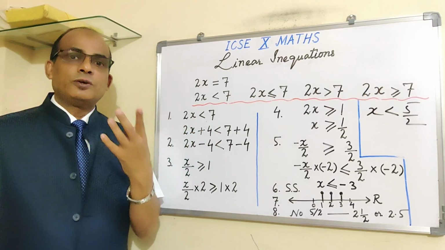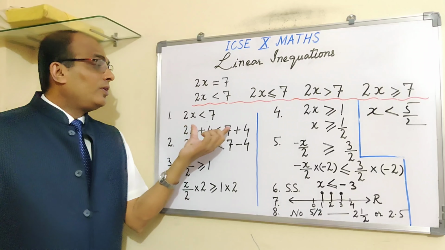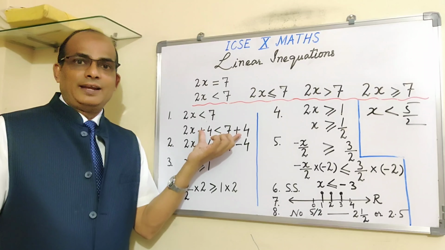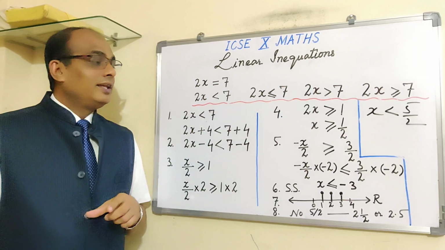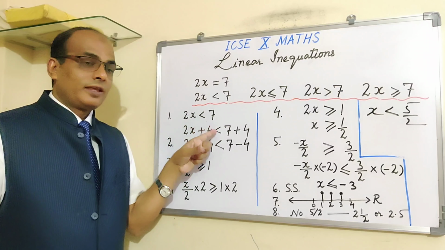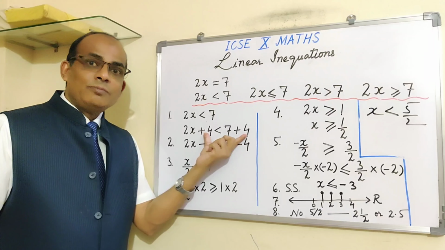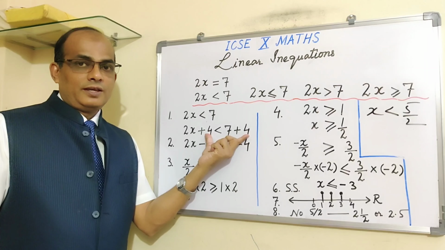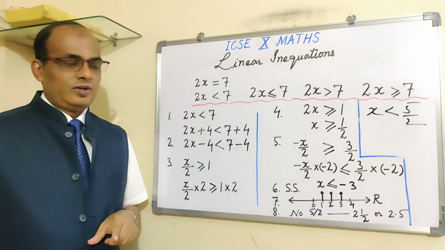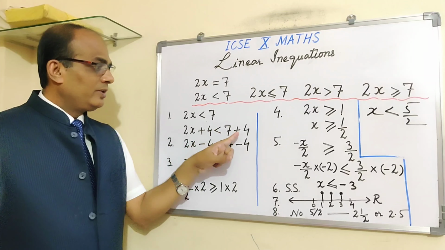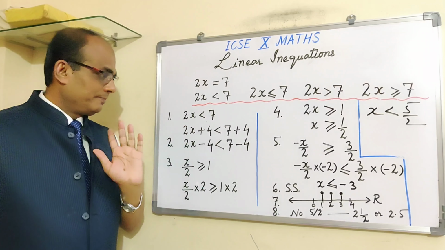So we can frame a rule: if the same number is added on both sides of the inequation, then the inequality remains the same. Less than remains less than.